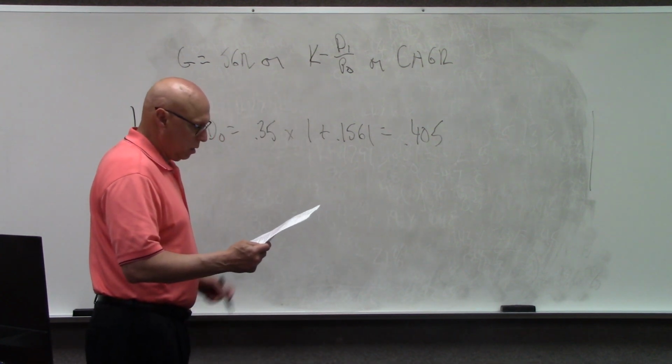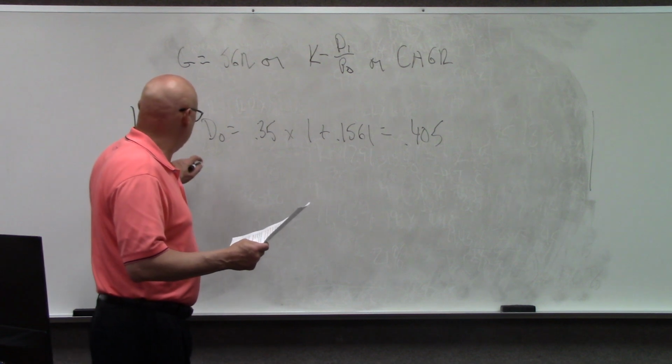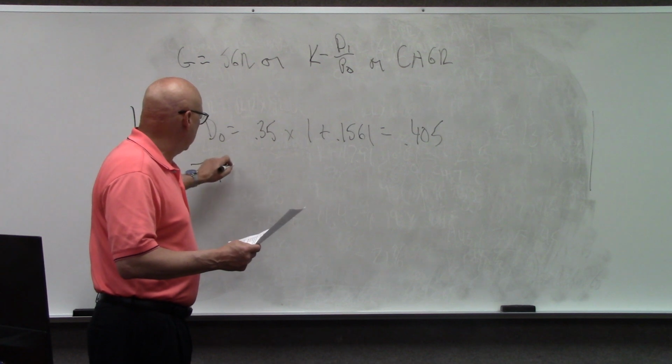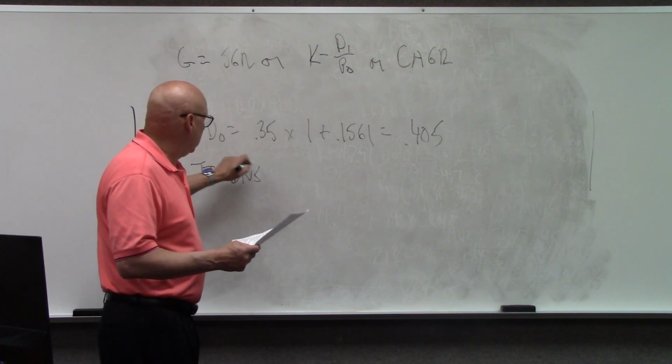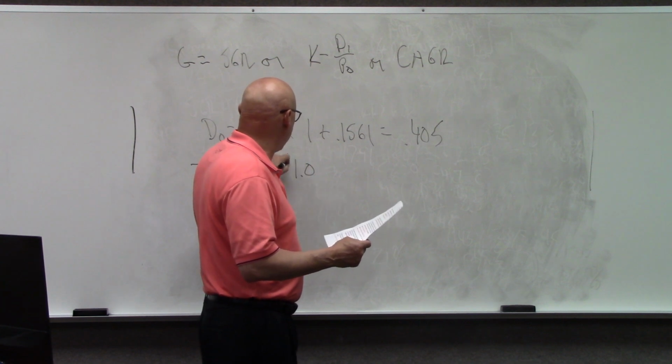The dividend for company number 2, this is total dividends, equals $1 million paid last year.